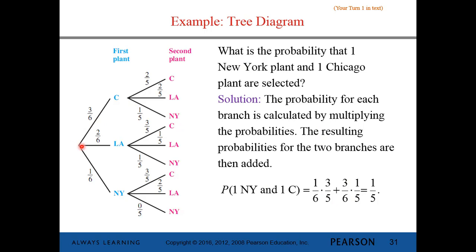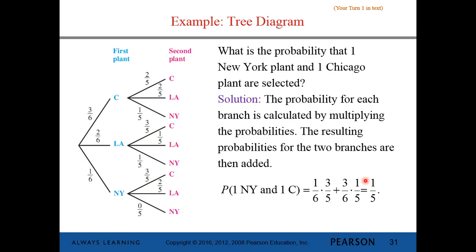We go down Chicago and New York, which is 3/6 times 1/5. And we go down New York and then Chicago, which gives us the same thing, 1/6 times 3/5. And we get 2 times 6/30ths, which gives us 1/5. Okay, in this case.